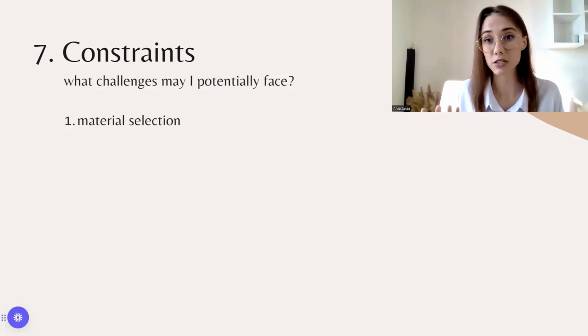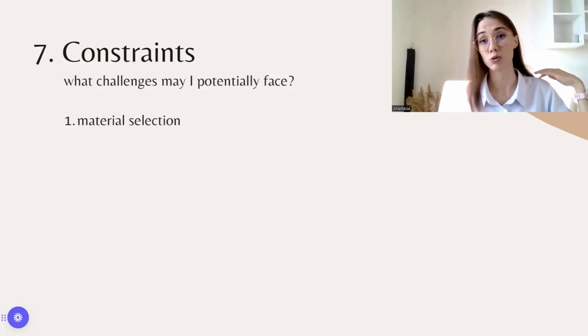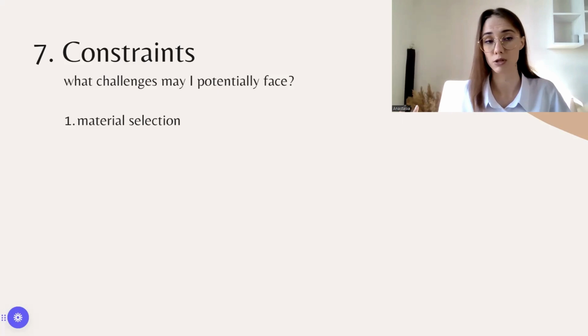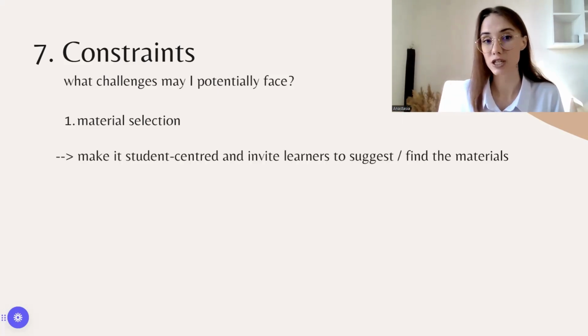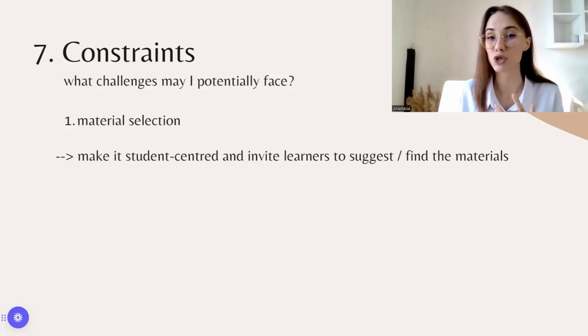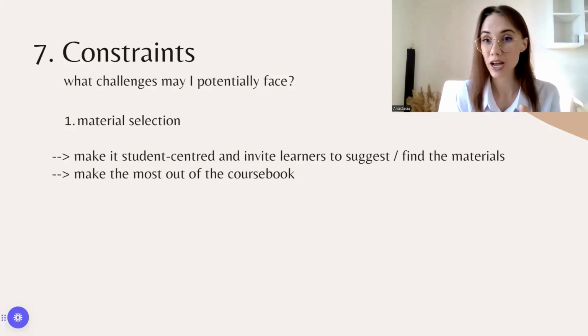So I understand that this is going to be a problem for me as well, and I don't want to spend hours looking for the material. So here's what I think I may do to alleviate this problem. I can make it as student-centered as possible, the unit I mean, and invite students to suggest or find the materials themselves. I can still make the most out of the coursebook.